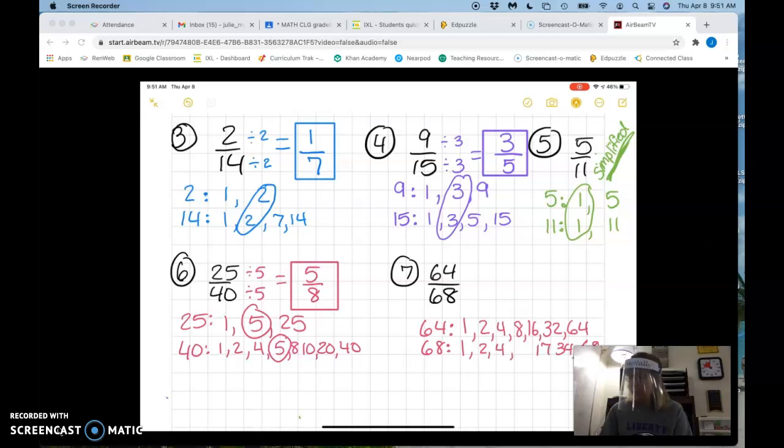Okay, and so what is our GCF? 4. And 64 divided by 4 is? 16. And 68 divided by 4? 17. Now guess what? Since 17 is a prime number, I know that this is in simplest form.